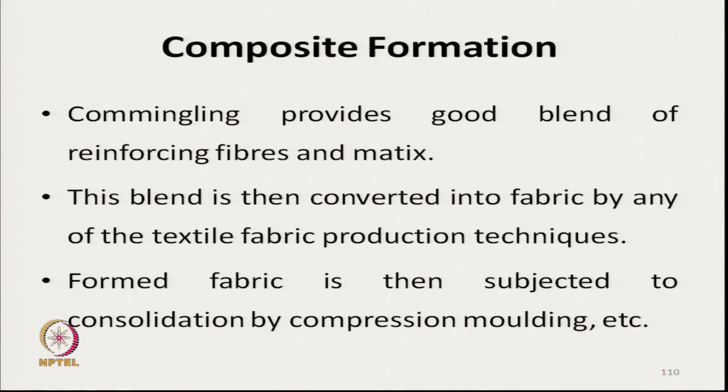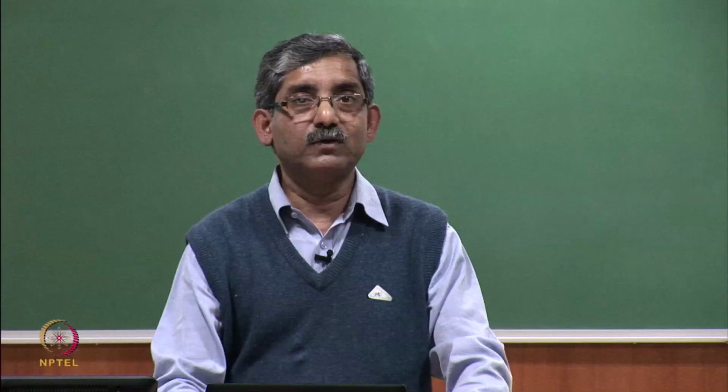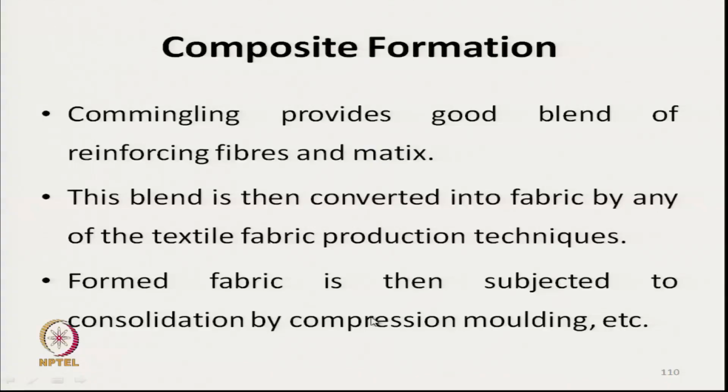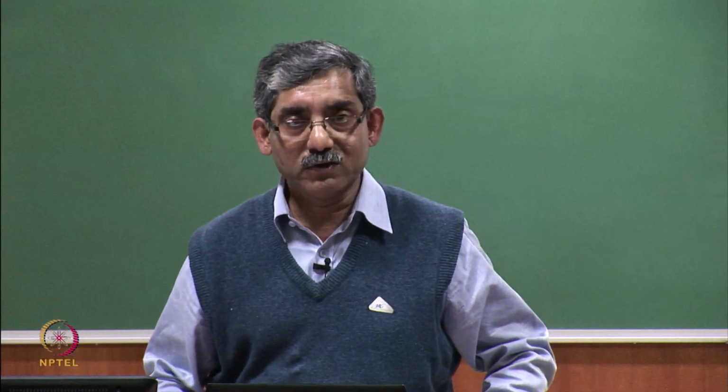This commingling provides good blend of reinforcing fibers and matrix. The blend is then converted into fabric by any of the fabric production techniques like weaving, knitting or even braiding, and then this formed fabric is subjected to consolidation by direct compression molding. So, here we can control the fiber volume fraction also.